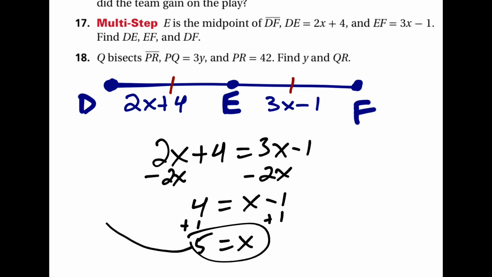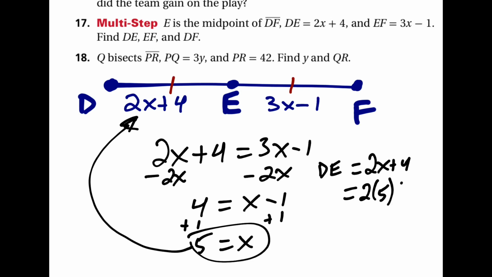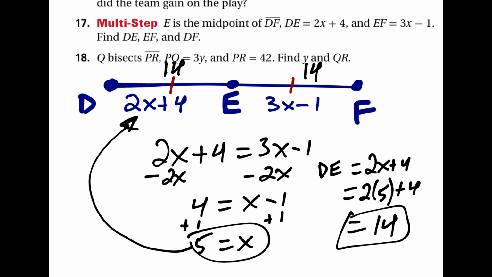I'm going to take this value and plug it in for, say, DE, since DE is equal to 2x plus 4, so I can substitute 2 times 5 plus 4, and DE is equal to 14. I could do the same plugging into the others, but if this is 14, then so is this, and the two put together are 28.